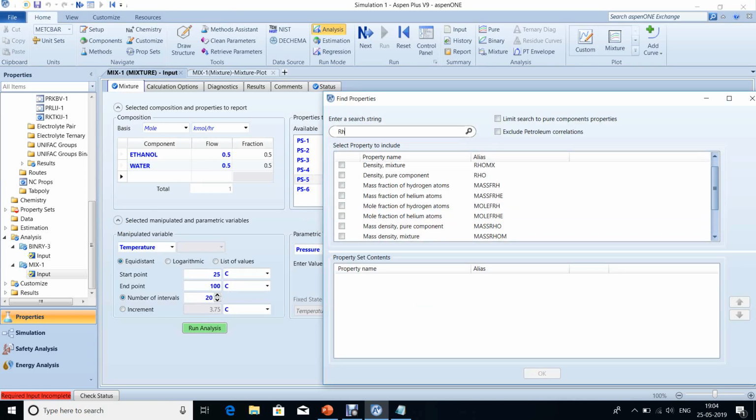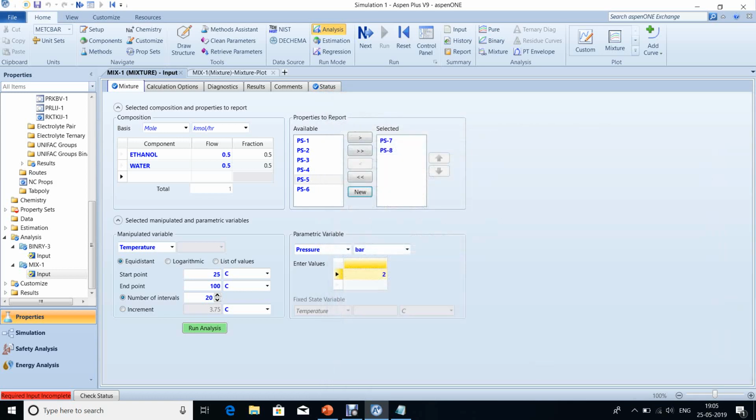We can see something like phase. Molar vapor phase fraction would serve our purpose, because we actually want to see what happens at that condition, right? And I can again run the analysis.